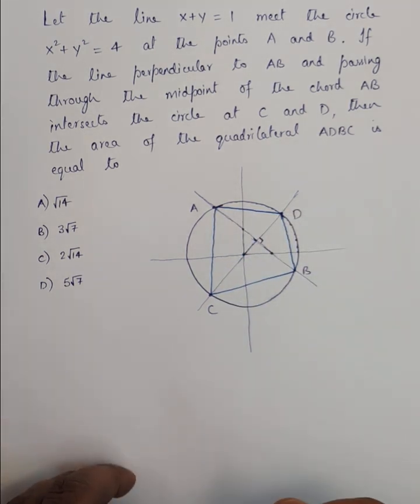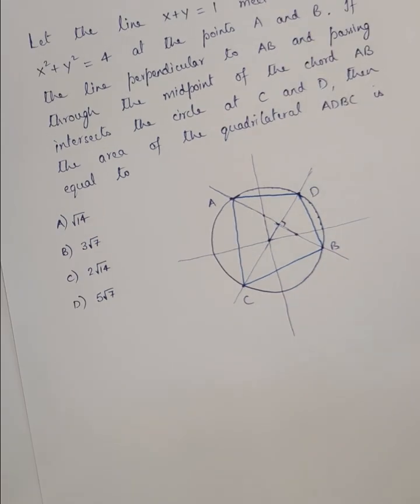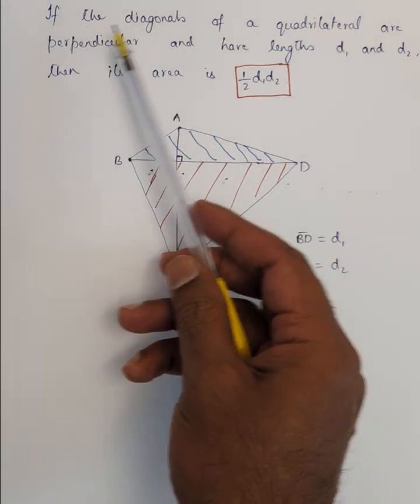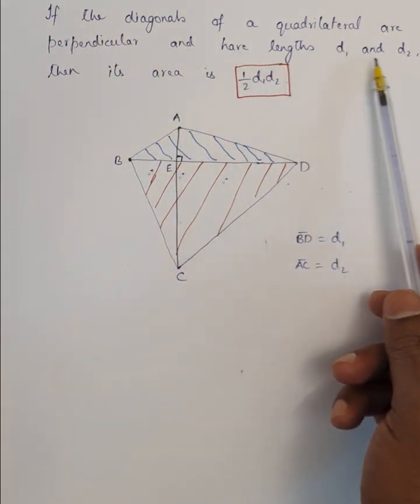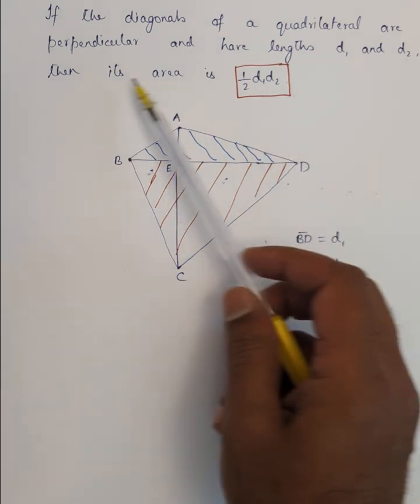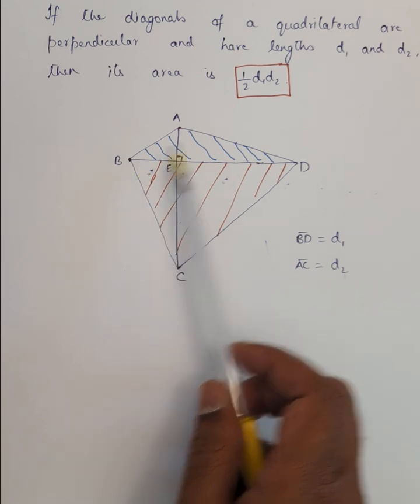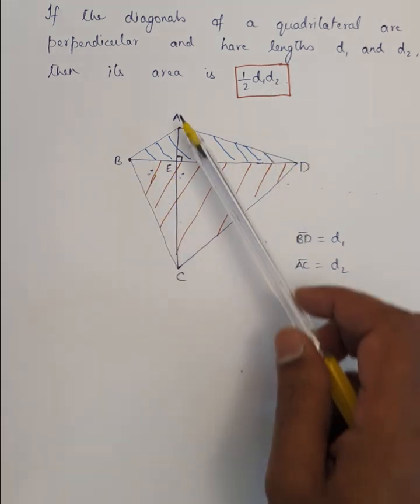All right, before we do this problem, I just want to remind one simple geometry fact. If you have a quadrilateral where the diagonals are perpendicular and they have lengths d1 and d2, then the area of that quadrilateral will simply be 1/2 times d1 d2.